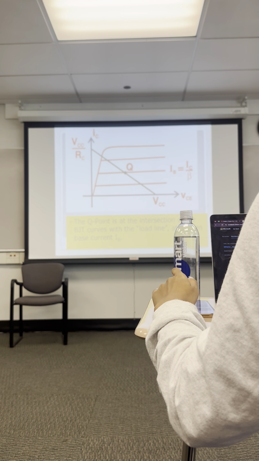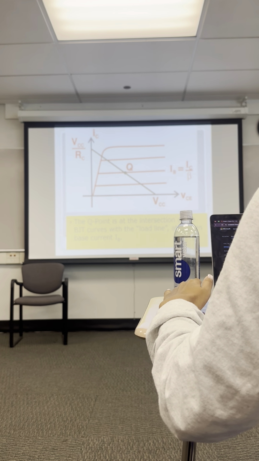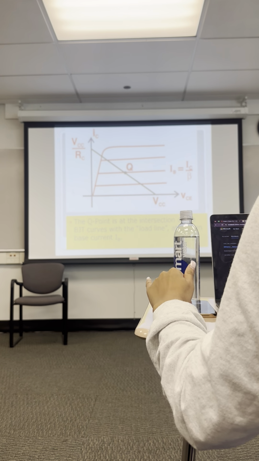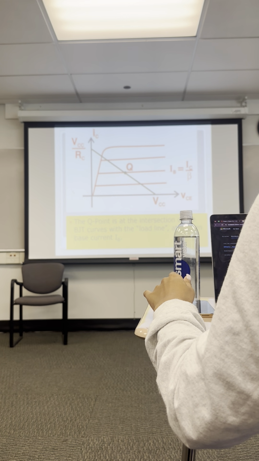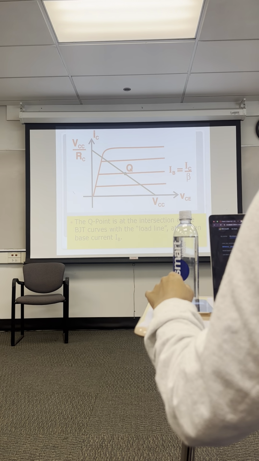So this diagram with the line on it, this is an earlier method of finding a Q point for the transistor. This is what's called a load line on the collector curve.